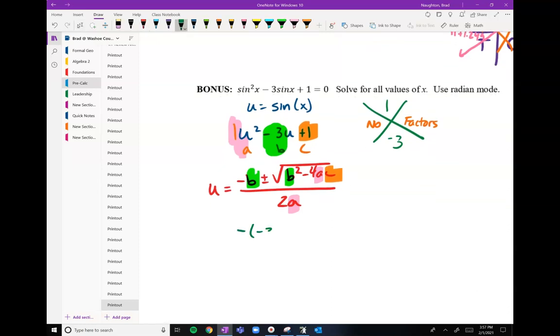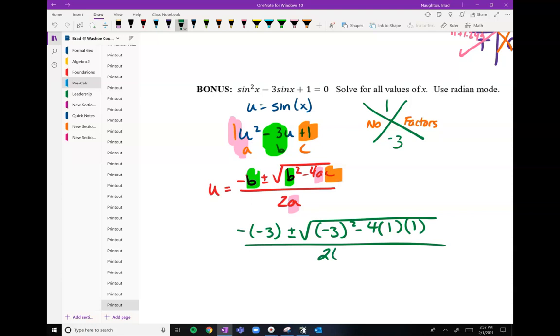So negative of negative 3 plus or minus the square root of negative 3 squared minus 4 times 1 times 1, all over 2 times 1. So this plus or minus means I'm going to have 2 answers when I'm all said and done.